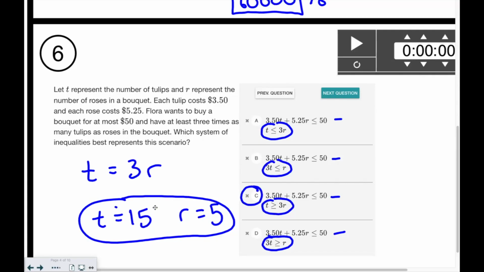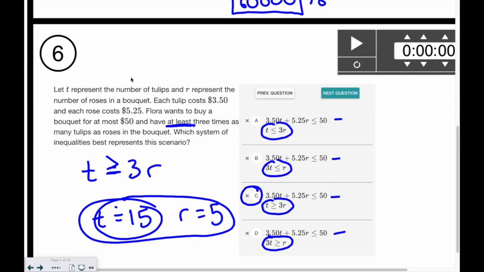Then, since I need this to be more than multiplying by 3, that's where the T has to be greater than or equal to, to get me the "at least" part. If that still doesn't make sense, just pick an example that you know will work.